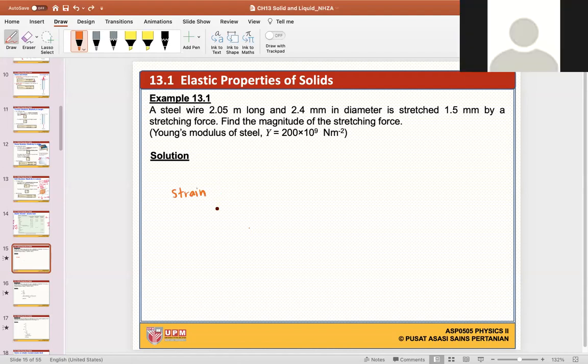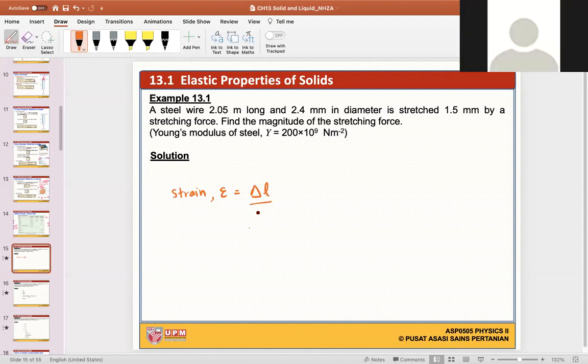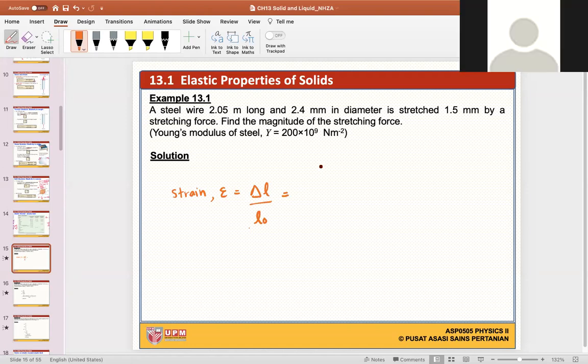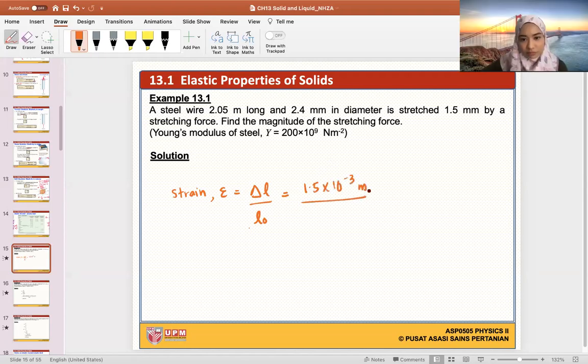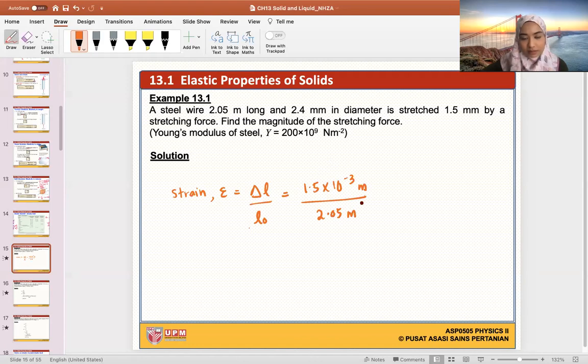Strain is equal to a change in length over the initial length. Okay, so what is the value over here? 1.5 times 10 to the power of -3 meter. Okay, and this guy over here? 2.05 meter. All right, thank you.